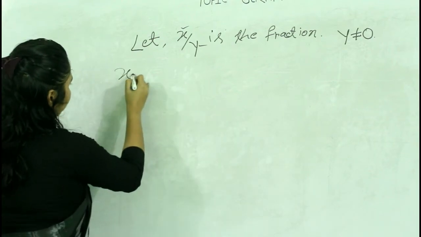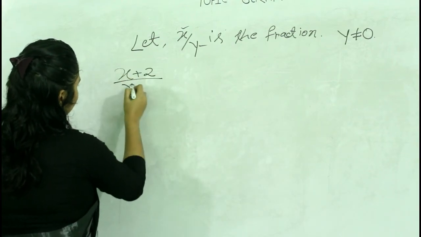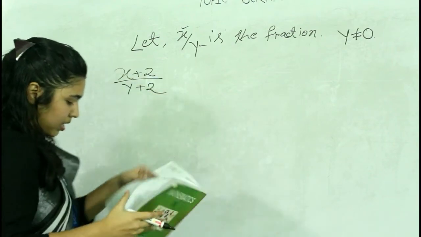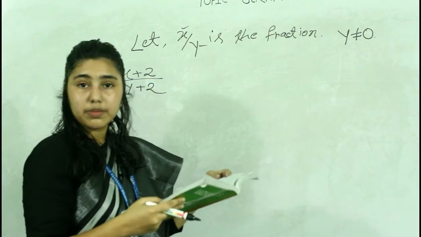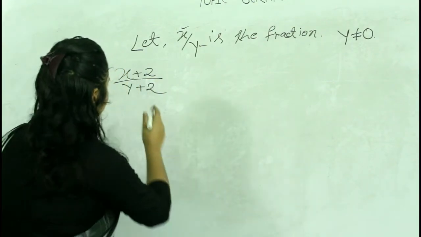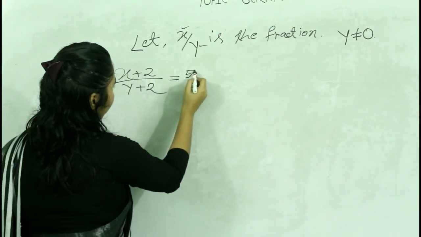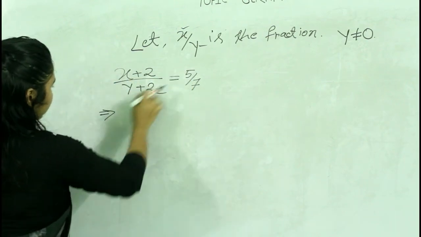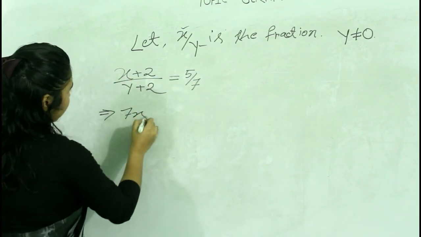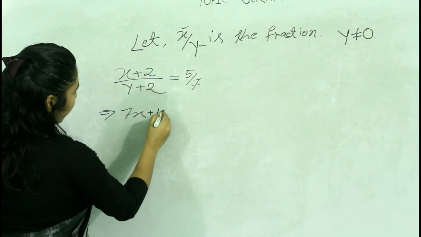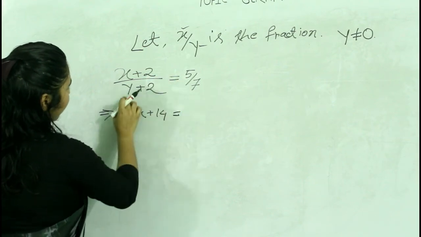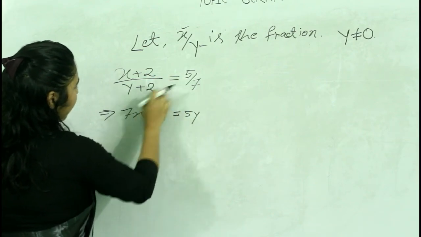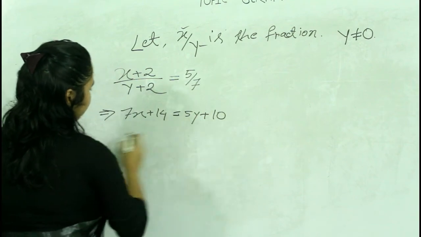So, first add 2 with both numerator and denominator. Then it becomes 5 by 7. So, (x+2)/(y+2) is equal to 5 by 7. Now, cross multiply both sides, which is 7x plus 7 into 2, that is 14, equals 5 into y plus 5 into 2, that is 10.